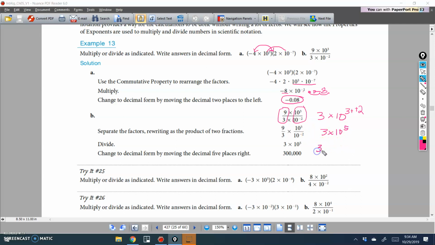So I take my 3, my decimal point is here, 10 to the 5th, so we're going to go 1, 2, 3, 4, 5. And 300,000 is the number that we come up with here.